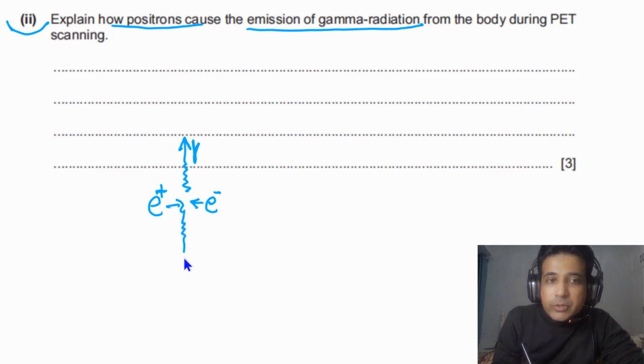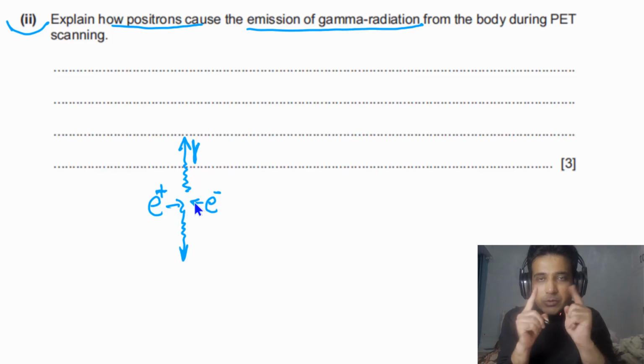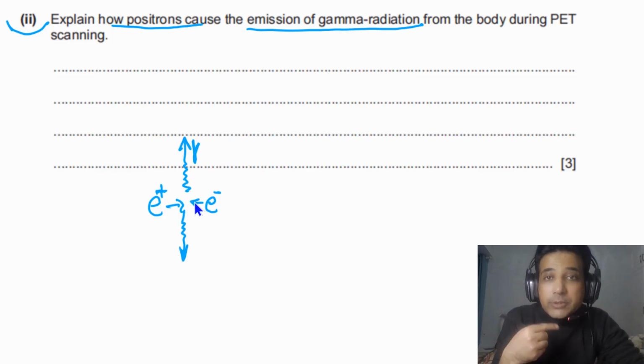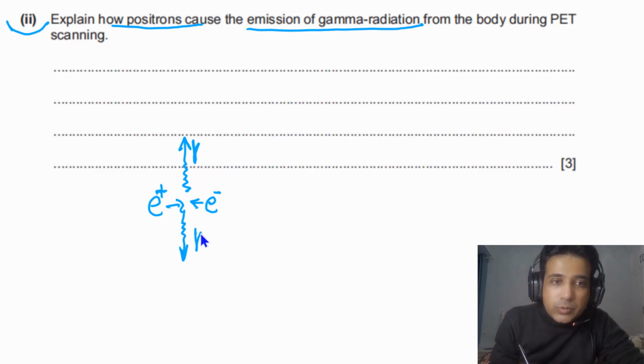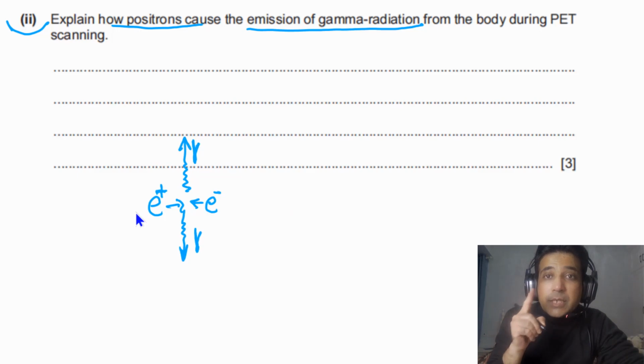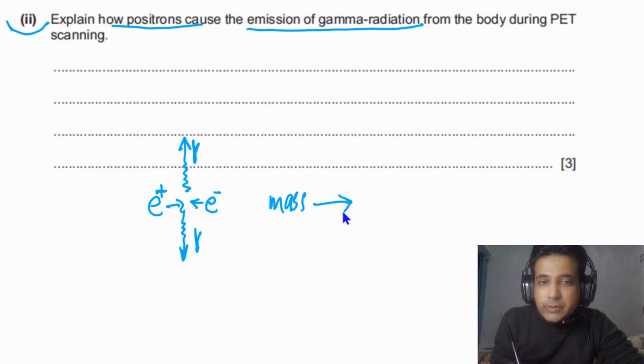Why 2? Because momentum has to be conserved. The initial momentum of the electron and positron is 0, so the final momentum also has to be 0. In this case the electron and positron are particles, so they have mass, and the mass will be converted into energy. Gamma photons have no mass, and this process we call annihilation.